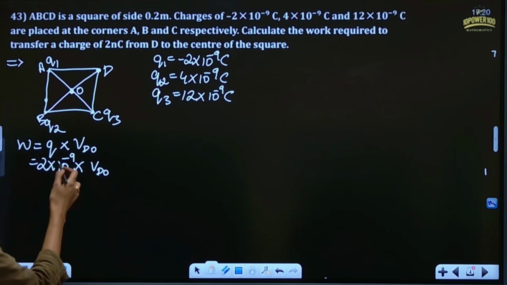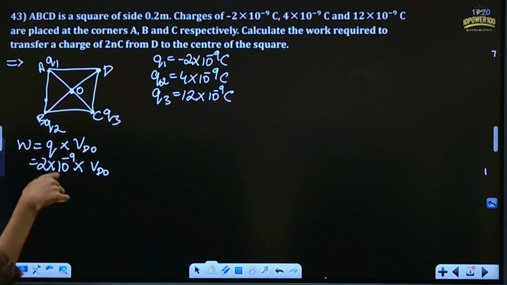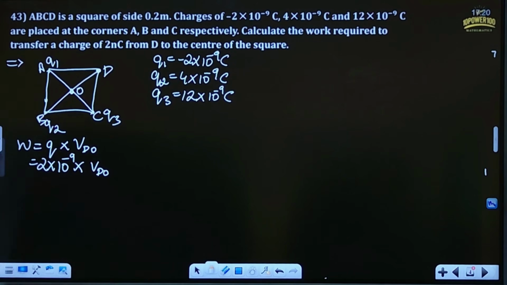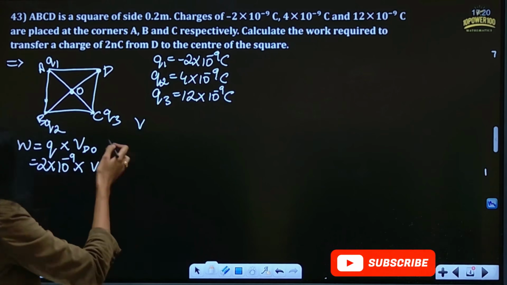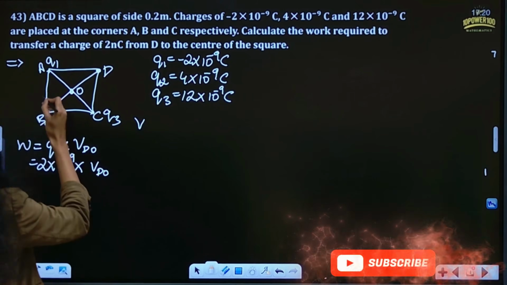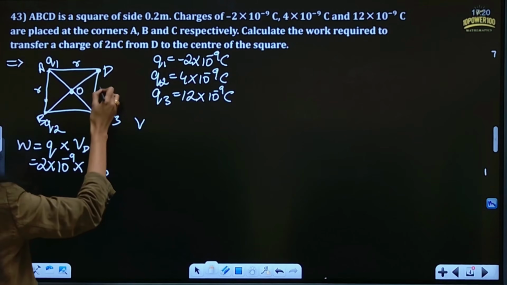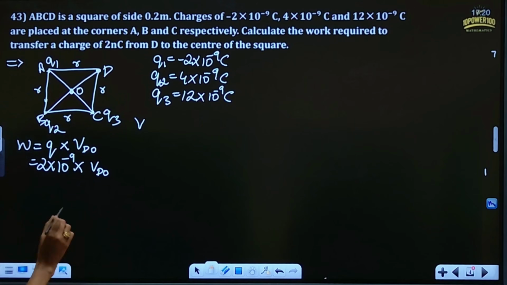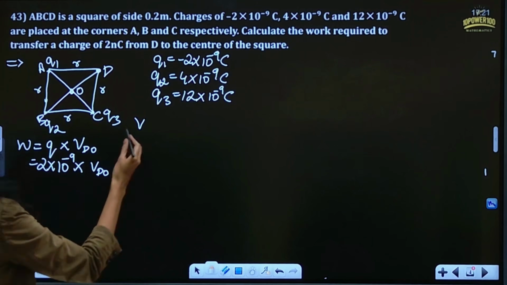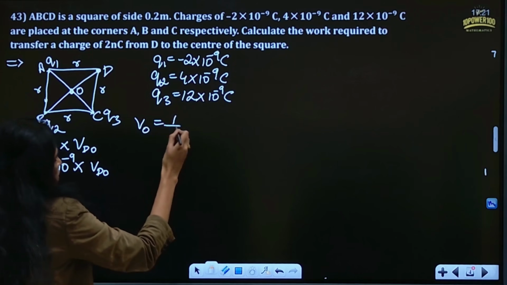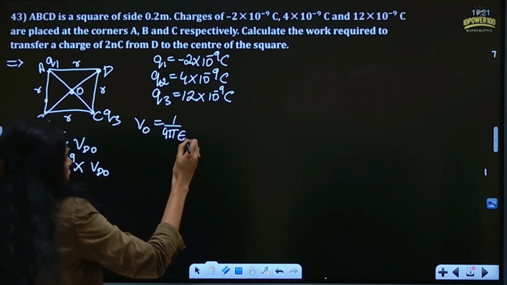Now let me find the potential at point O and the potential at point D. To find the potential at point O, first let us find the distance. They are all separated by a distance r, and the value of r is 0.2 meters. The potential is given by the formula 1 by 4 pi epsilon naught q by r.